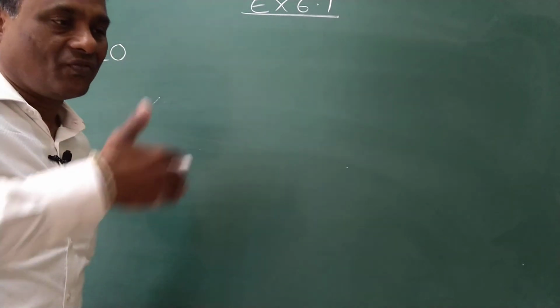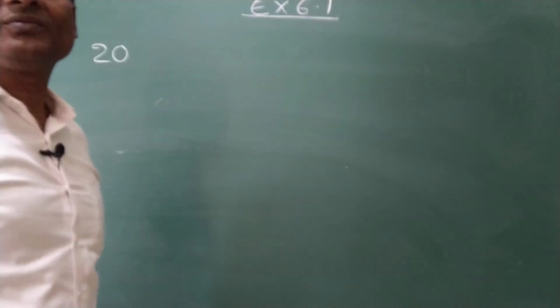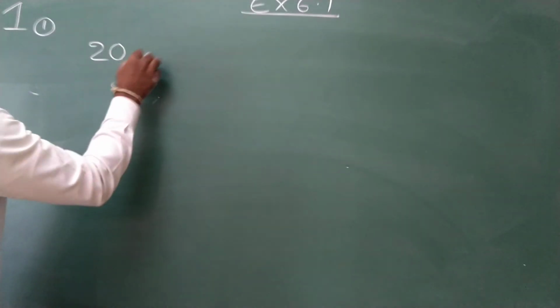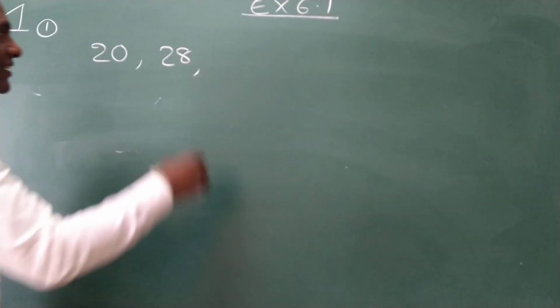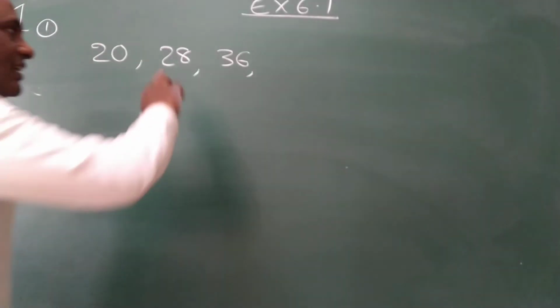That means first 1 kilometer, 20 rupees. Second kilometer, again not 20. 20 is the initial one only for 1 kilometer. After that, every kilometer 8 rupees. So next is 28 rupees for 2 kilometers. For 3 kilometers, again 8 rupees added, 36. 4 kilometers, 36 plus 8.